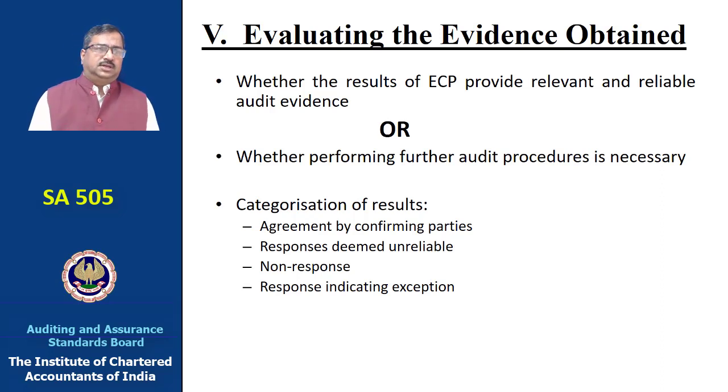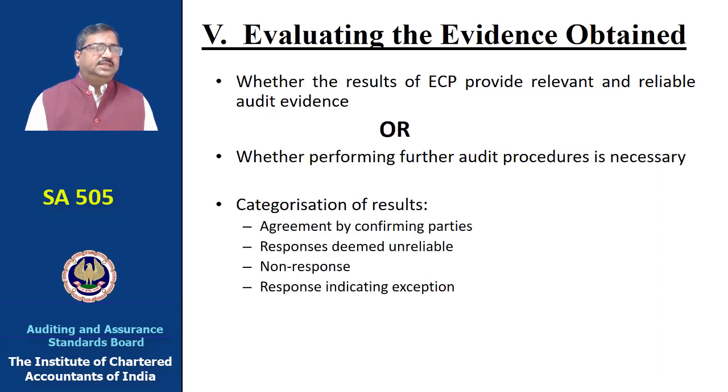There are various categories of results out of external confirmations. Say there are agreements from all the parties. All the parties to whom the confirmations have been sent are agreeing to whatever records the auditee is having. Then in such cases, the auditor can very well satisfy himself that the confirmations are correct, audit records are correct.